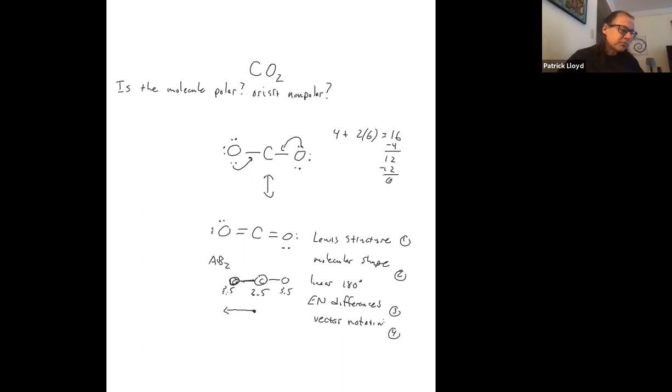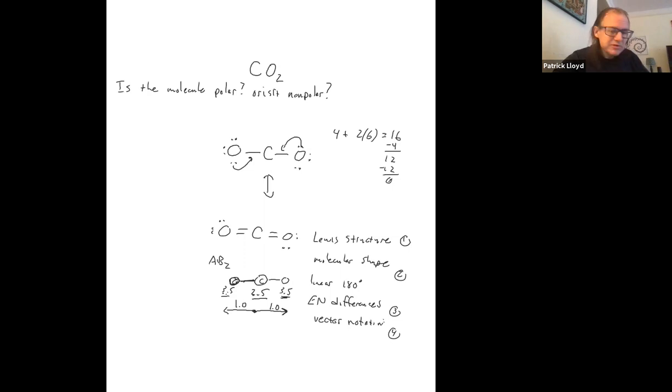So the arrow points toward the oxygen. But what about this bond over here? Same thing here. This one is going to point in that direction. Now, the electronegativity difference here is 1.0. And so is this one.